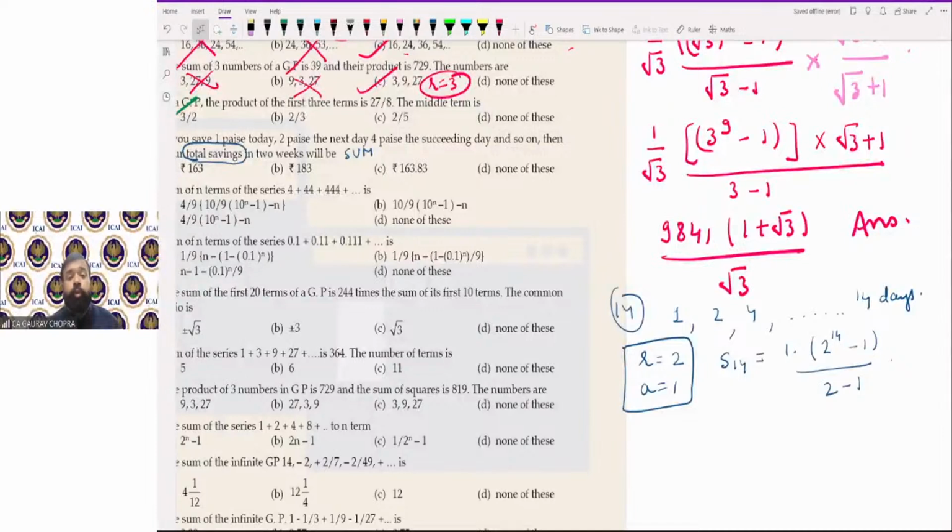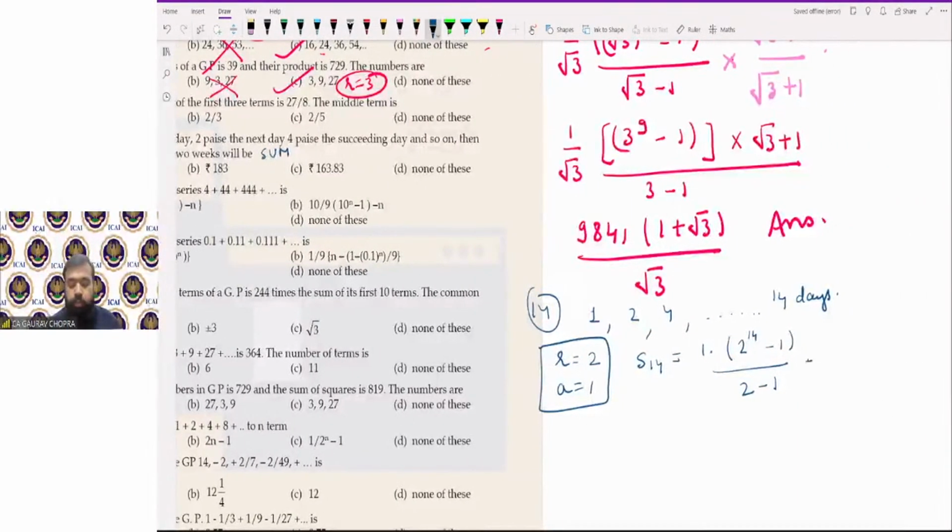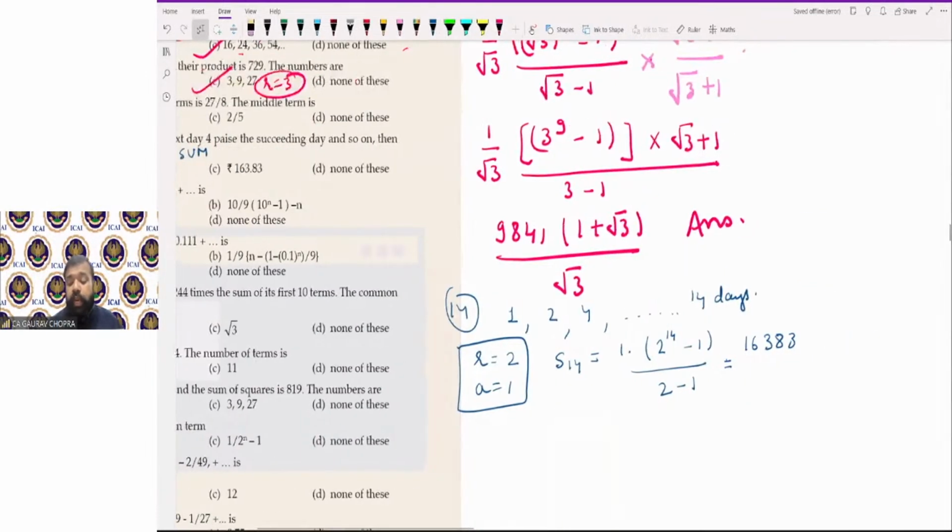Come on everyone, you can find out the power of 2, 2 to the power of 14 minus 1, and that will be your answer in terms of paisa. So how much you are getting? 16383, and the unit is paisa. But options are given in rupees. अगर आपको rupees में दे रखा है, then divide by 100.